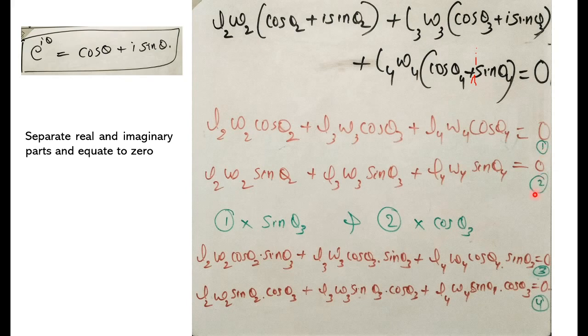So the next step, you have to eliminate one term from these expressions, because we can solve for two unknowns, but here we have three unknowns: ω2, ω3 and ω4. So which one will you eliminate? We have to eliminate ω3, because ω2 is our crank velocity and ω4 is our rocker velocity, or ω2 is the input velocity and ω4 is the output velocity.